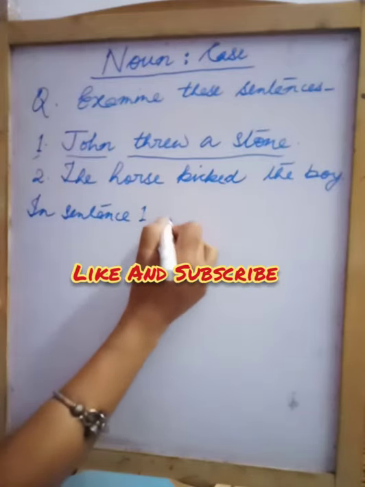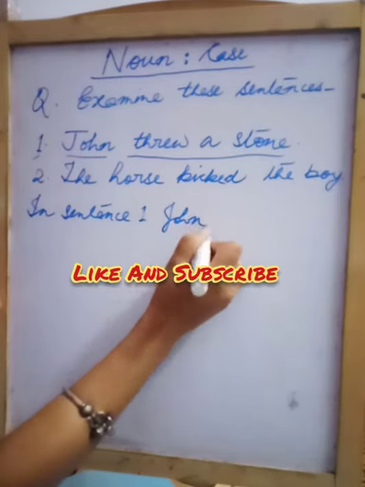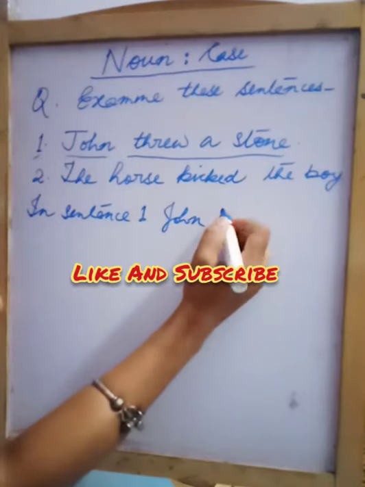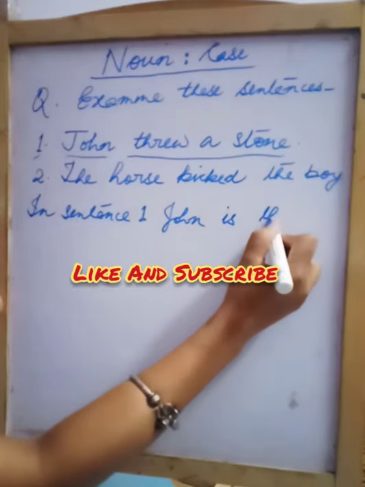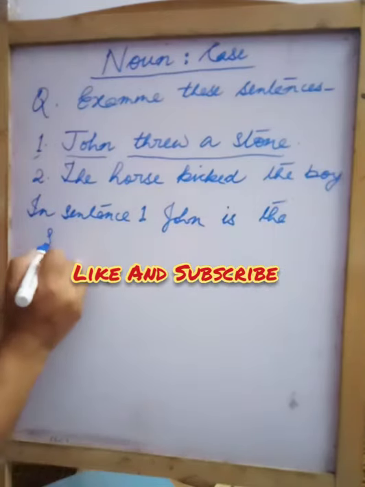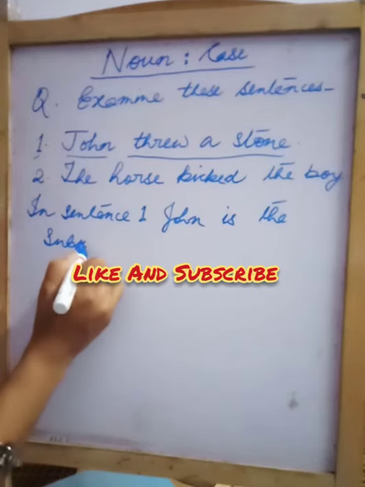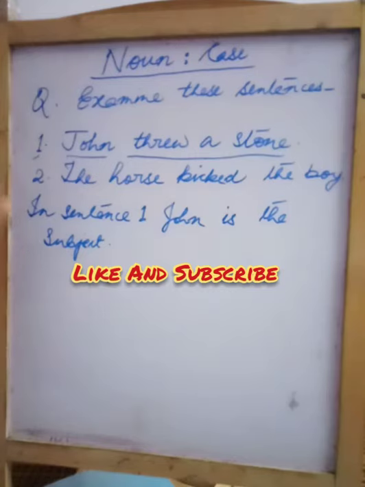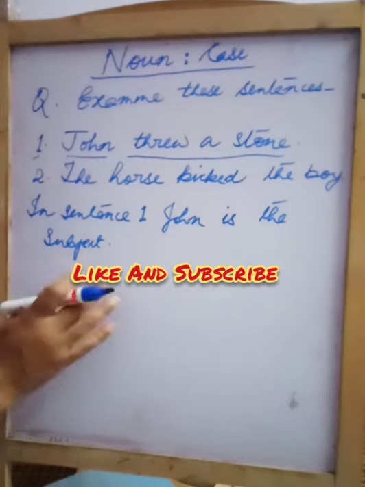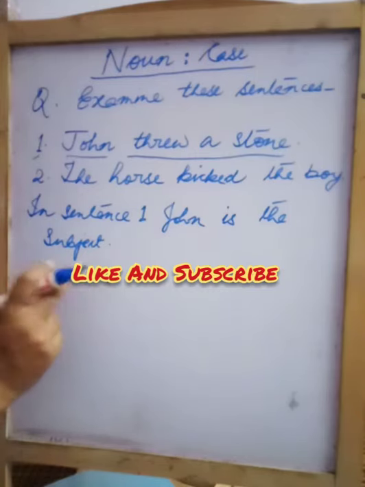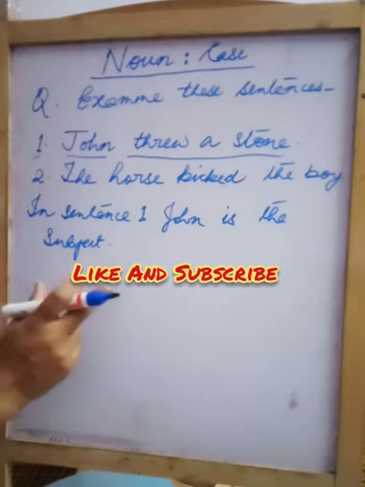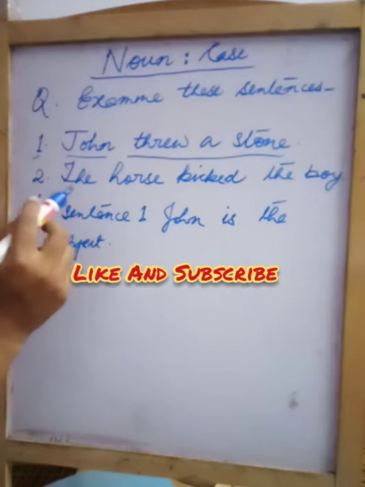John. John is the subject of the sentence, isn't it? So if we ask who threw a stone, the answer to this question will be John. John is the subject, isn't it?